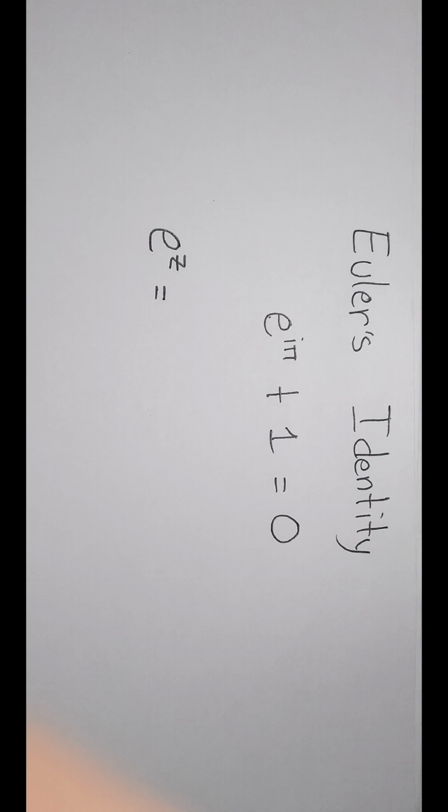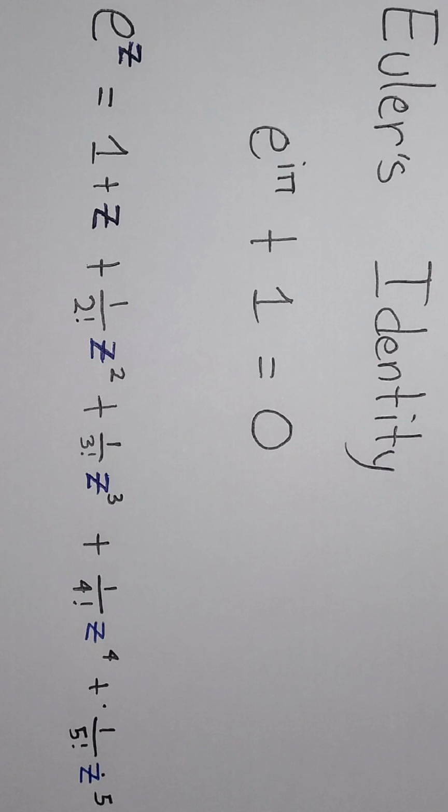So first, let's do this. e raised to the power of z is equal to 1 plus z plus 1 over 2 factorial z raised to the power of 2, plus 1 over 3 factorial z raised to the power of 3, plus 1 over 4 factorial z raised to the power of 4, plus 1 over 5 factorial.